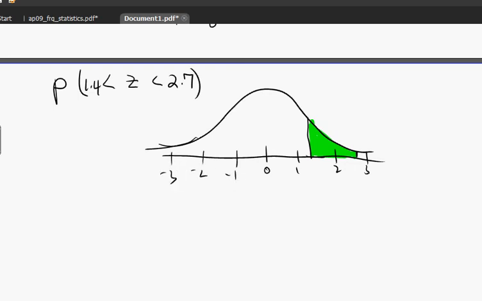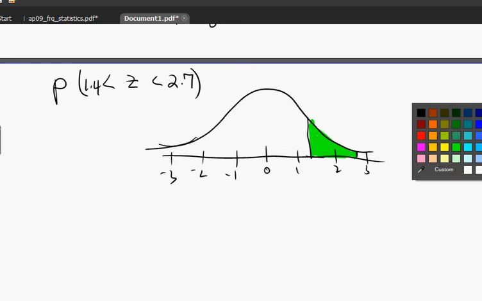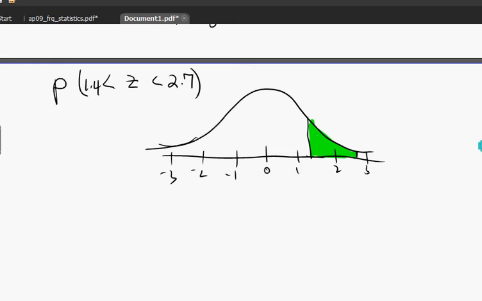She was saying that is the same thing as, in blue, this area over here from negative 2.7. Okay, so it is the same because of symmetry. Those two are the same.